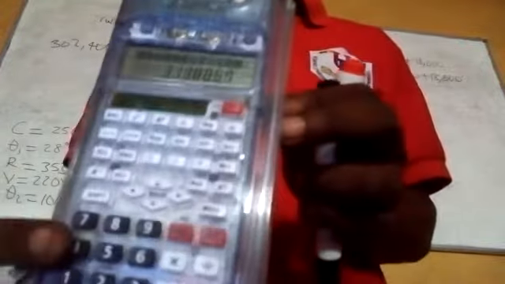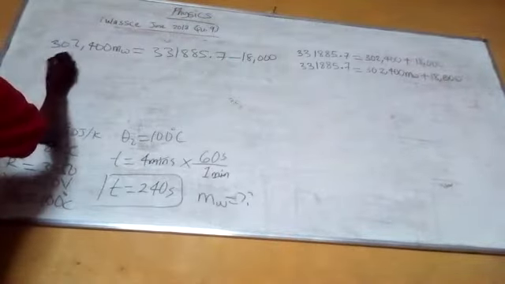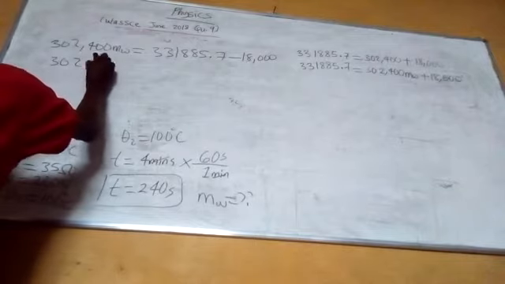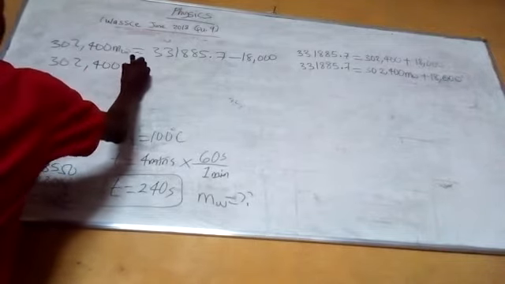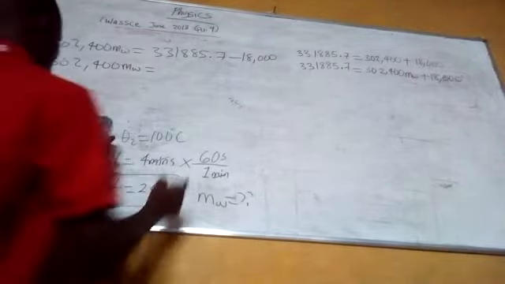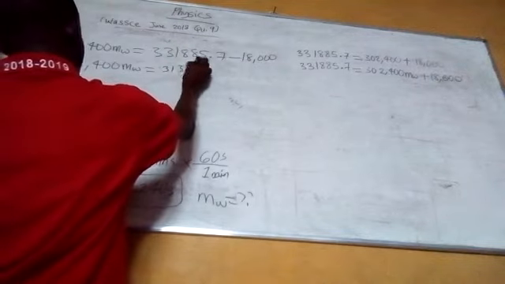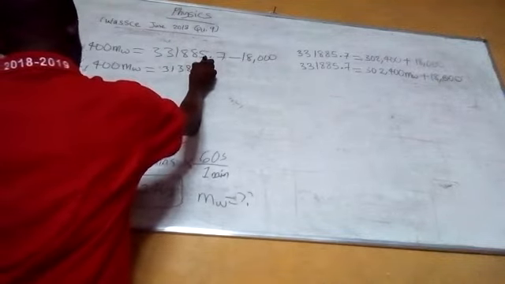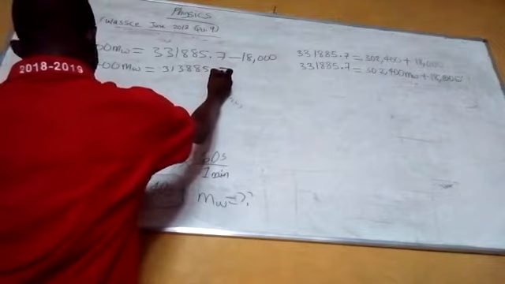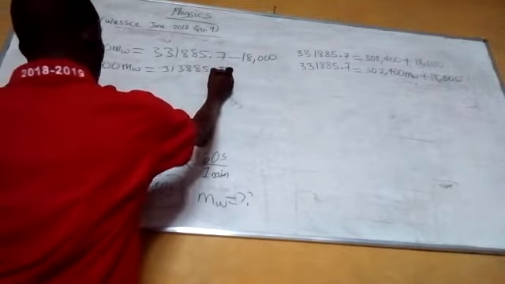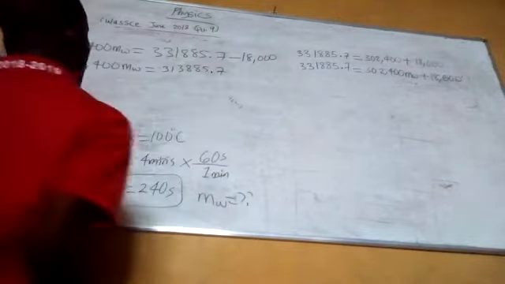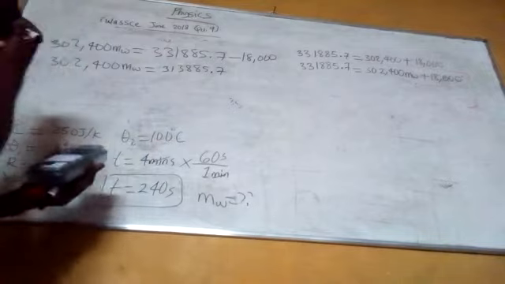So here we can clearly see that we have 302,400 times the mass of water equal to 313,885.7. So this is all good.